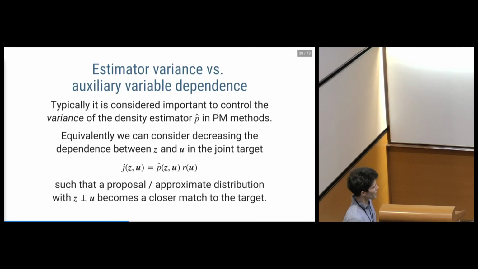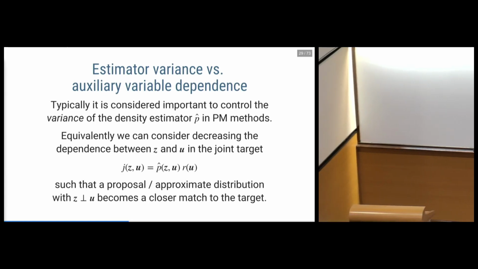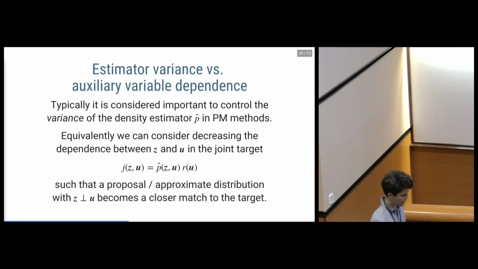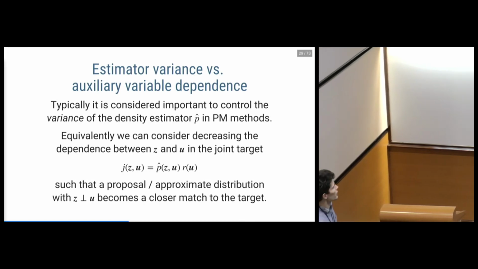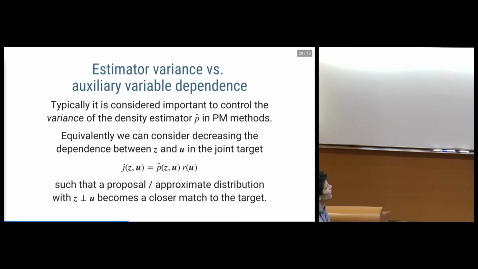So rather than the typical idea of trying to come up with a lower variance estimator, we can think of that as equivalently trying to reduce the dependence between the target and auxiliary variables, such that approximations of the factored form used in those earlier methods become a closer match to the particular form of the target distribution.